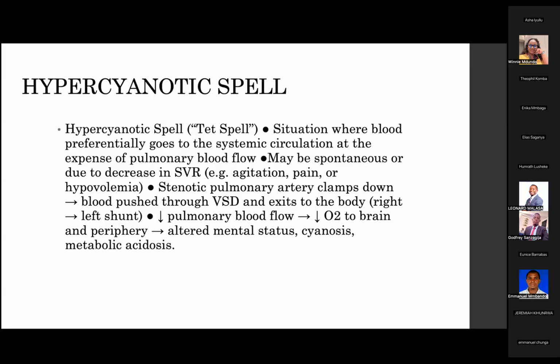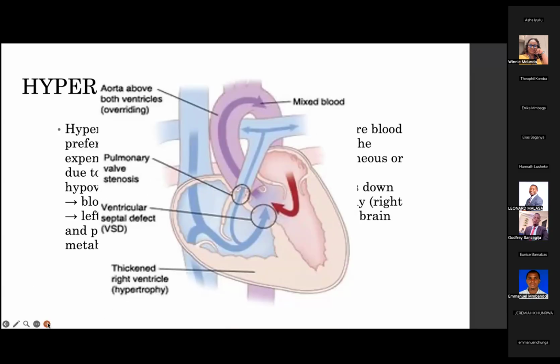also have altered mental status with cyanosis, and because they don't have enough oxygen, they end up having metabolic acidosis as well. So this is what I was talking about: there's a reversal of the shunt through this VSD, which allows mixing of blood between the lungs and the systemic circulation.